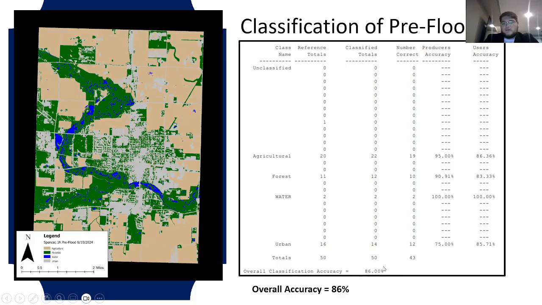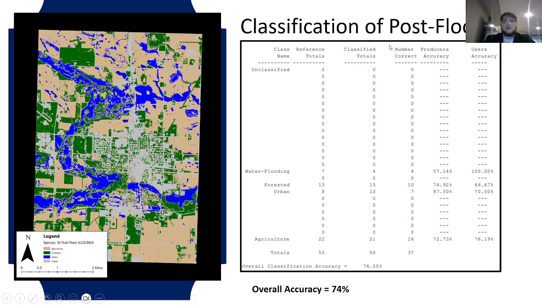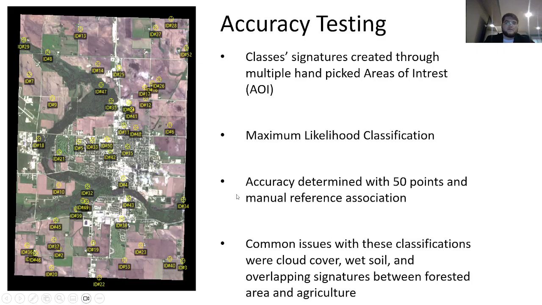And the overall classification was about 86%, which is pretty good for a non-robust model for this classification. Then for the post-flood, much lower accuracy in different classes compared to before.